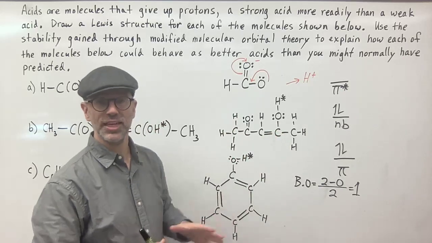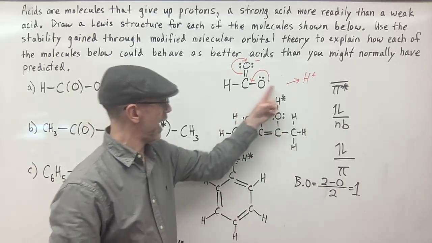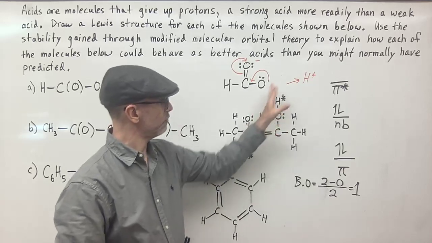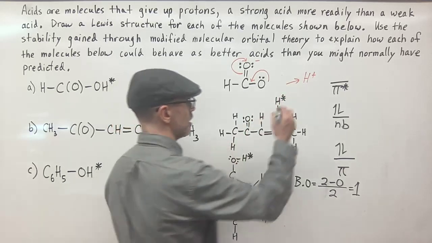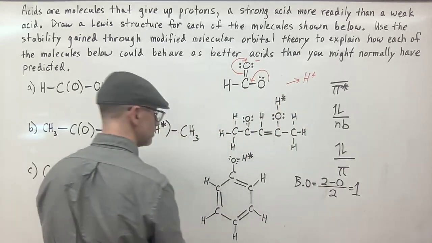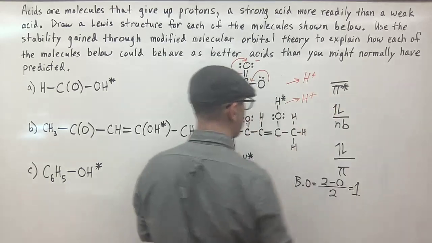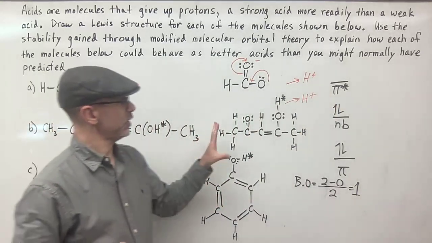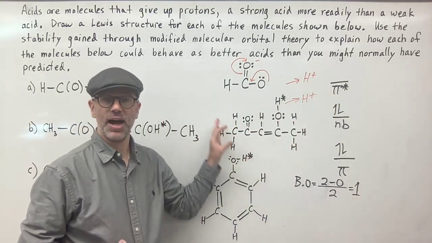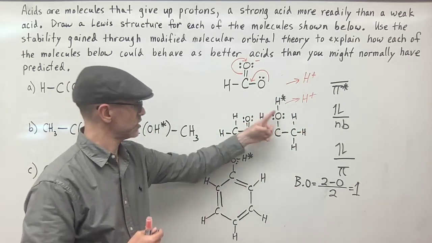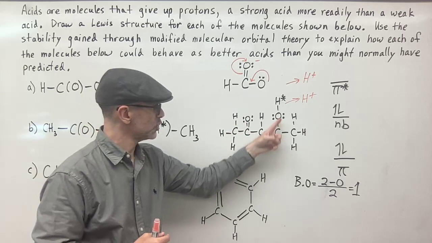And if you see that, that is what's going to make this oxygen, when you give off the hydrogen, the H plus, so this is going to become H plus, right? So then you're going to be left with a negative ion in the rest of the molecule, and that's going to be more stabilized because of the structure here.